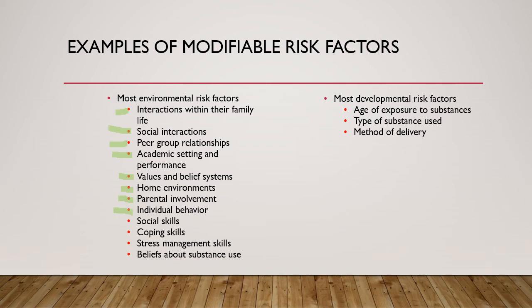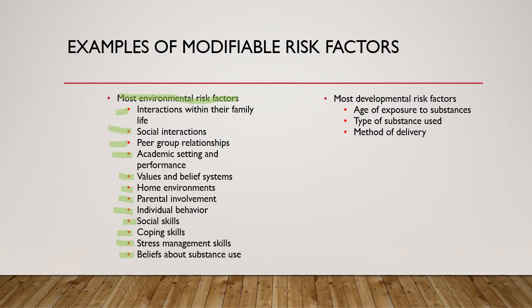Individual behaviors can change. Social skills, an individual can have no social skills and then learn and develop social skills. The same thing goes for coping skills and stress management skills. And then beliefs about substance use can change as well. So these are our environmental risk factors here that are modifiable.